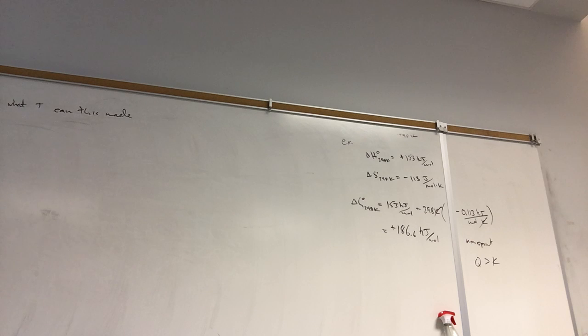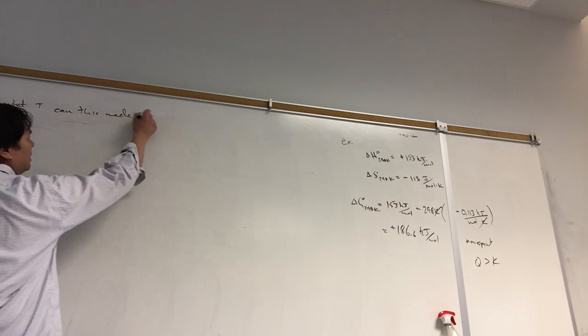Well, this is just a primer, a warm-up to going to non-standard conditions. So we'll talk about Q and K in detail in just a minute. And so at what temperature can this be made spontaneous?